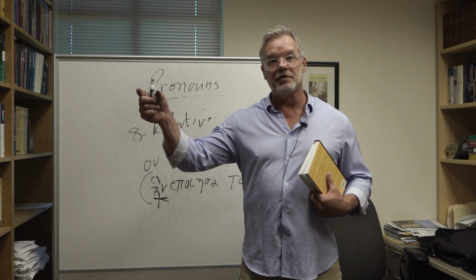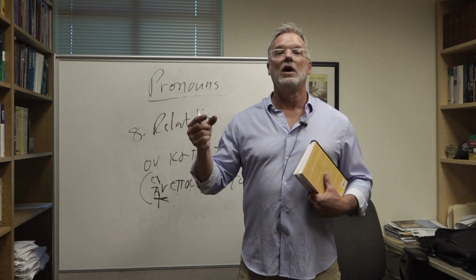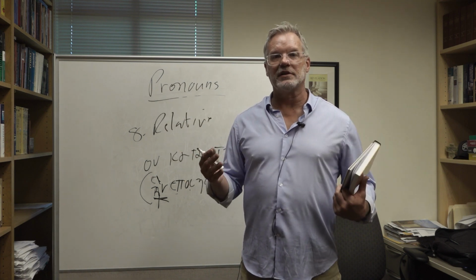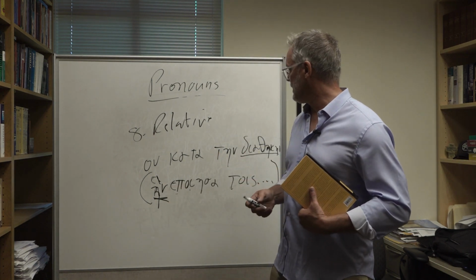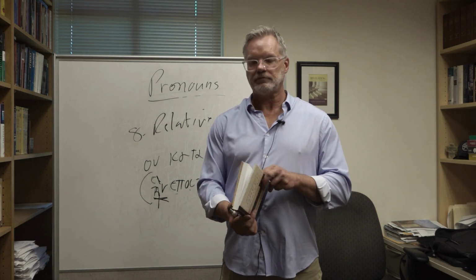Is it modifying another noun, acting like an adjective, or does it act like a noun itself? In this case, it's functioning like an adjective to modify the noun diathekein.